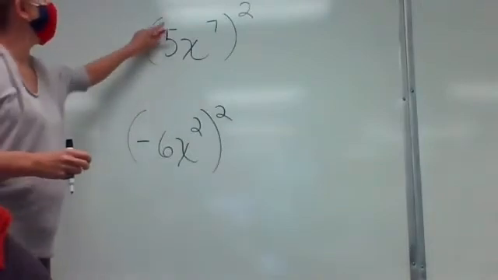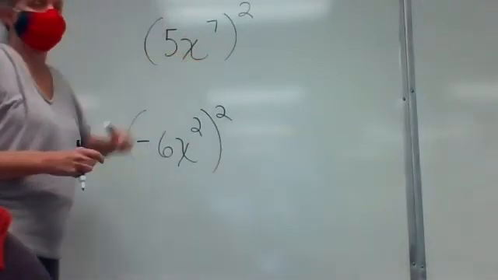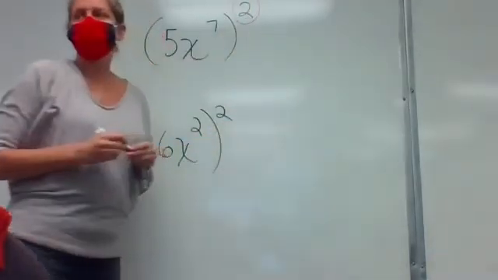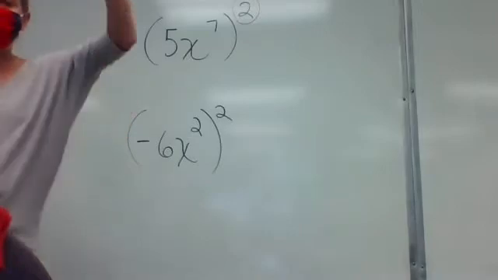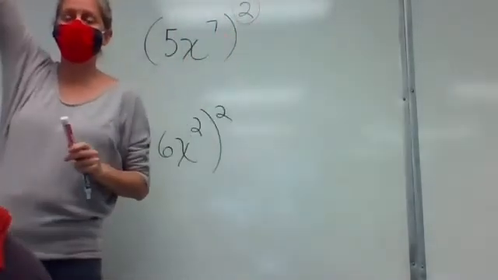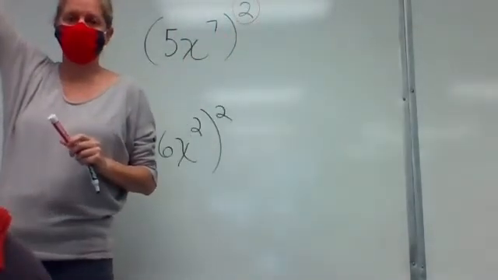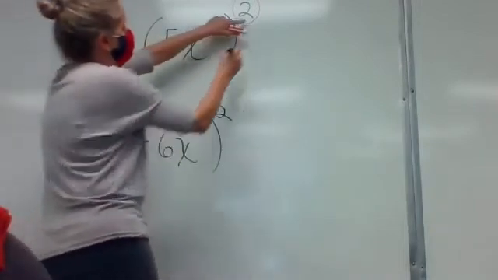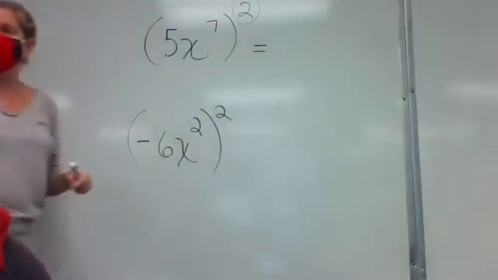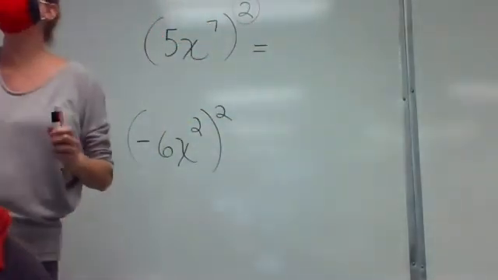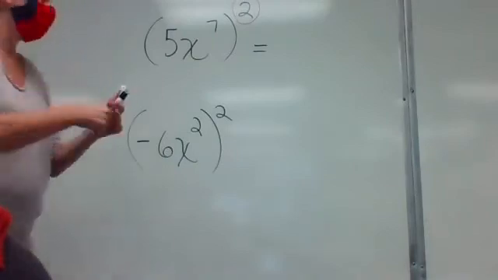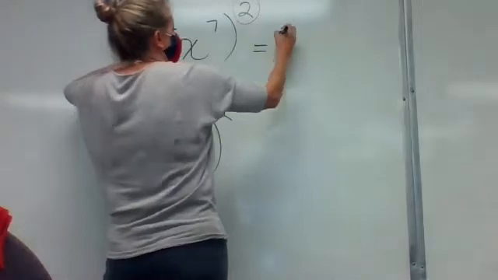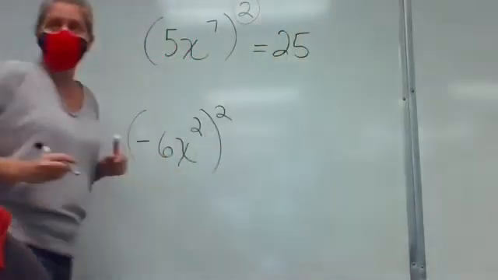So let's look here. This says everything in this parenthesis is being raised to the 2nd power, right? I have a parenthesis, and outside that parenthesis, I have a 2nd power exponent. So what does 5 to the 2nd power mean to do? 5 times itself 2 times. So what is that part going to give you? 5 times itself twice gives you 25.